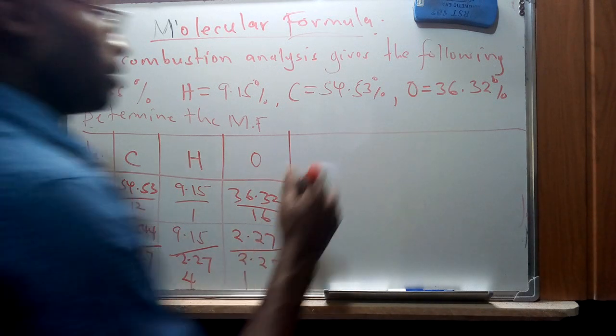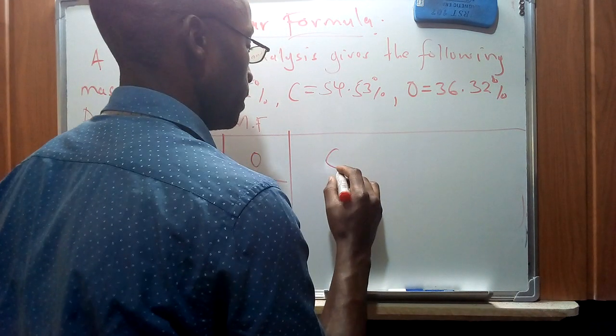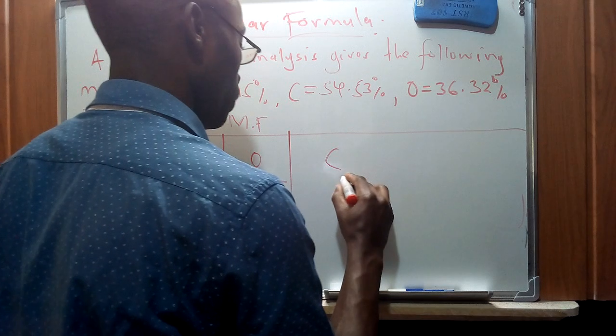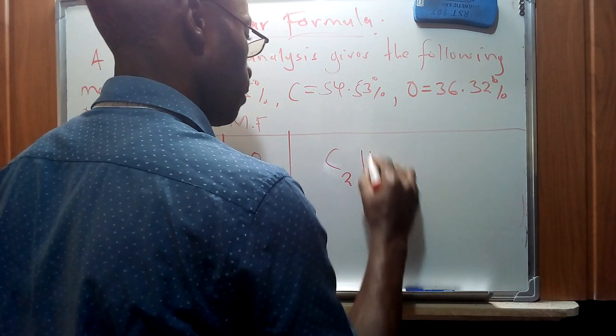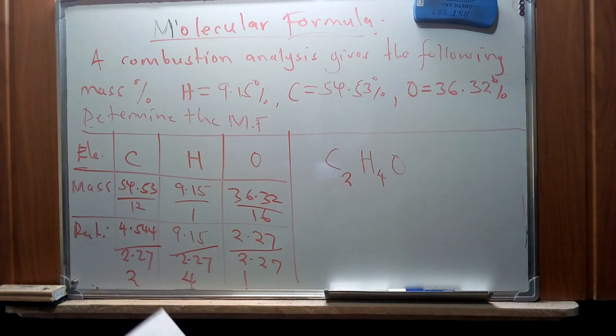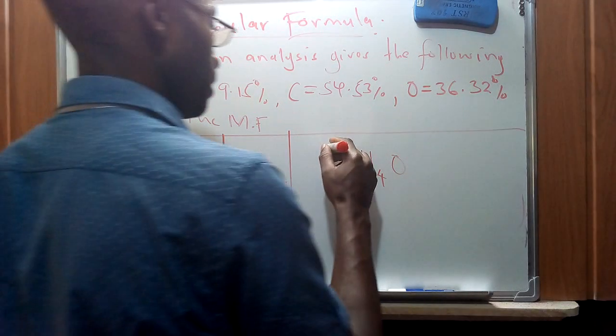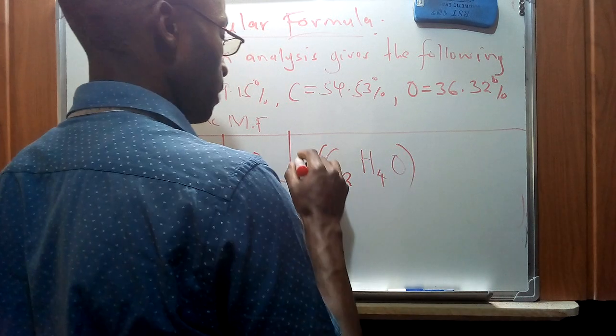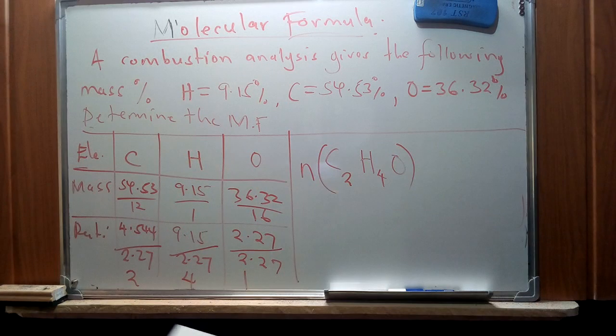So the simplest formula for this compound is going to be C2H4O. But as we said, we can obtain a molecular formula from the empirical formula by multiplying it by n, whereby n is the number, of course, of those molecules in that particular set.